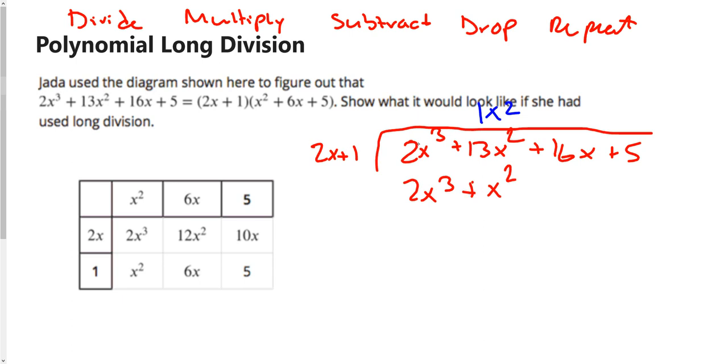Okay, change the signs and add. Cancels. 13 plus negative 1 is 12x squared. And look, that's where the 12x squared comes from. You see it there. But this time we're doing it more directly rather than thinking about what actually multiplies. Okay, drop the next term.